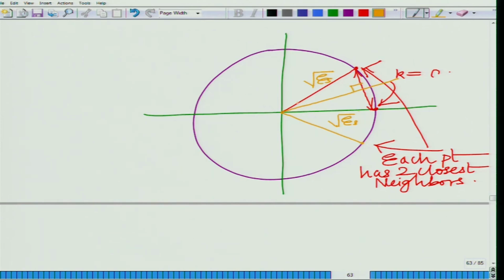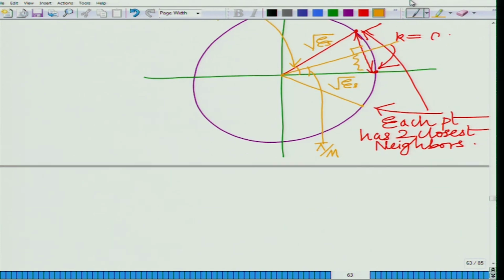And remember the total phase difference between 2 points is 2 pi by M. So, this angle is 2 pi by M, which means this half angle is pi by M.